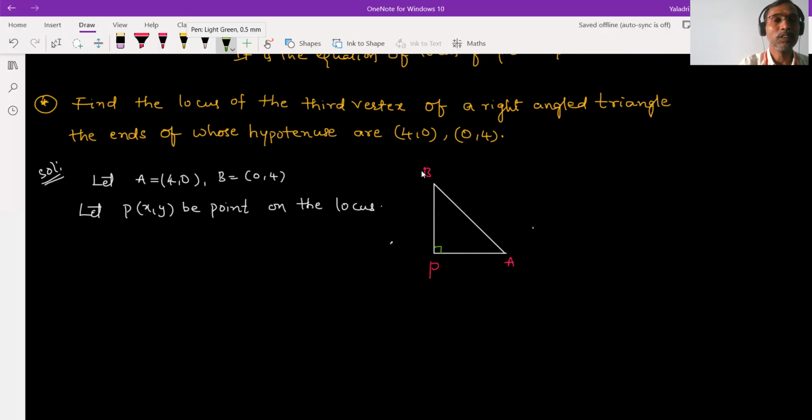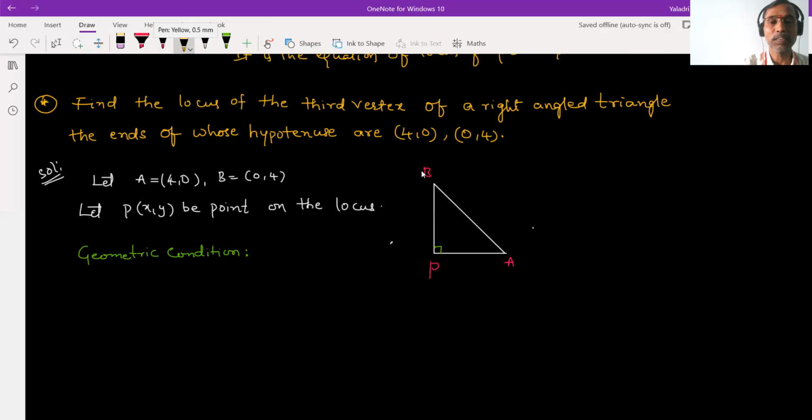Geometric condition. If this type of words is there, simply write the Pythagoras theorem. Here, PA square plus PB square is equal to AB square.